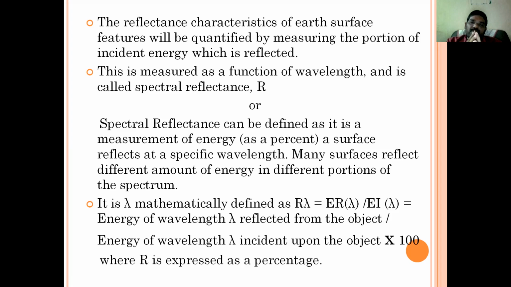I wrote one more definition here. Spectral reflectance can be defined as a measurement of energy that a surface reflects at a specific wavelength. One more time, have a look.